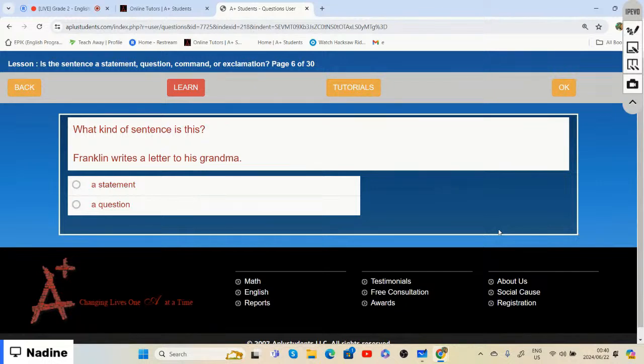Is that a statement that's being made or a question that is being asked? And this is a statement. So it's a statement, right? All right, and if we look at this sentence, then we say it's a statement.